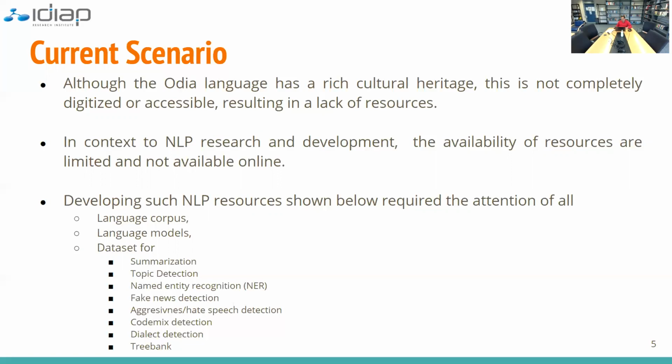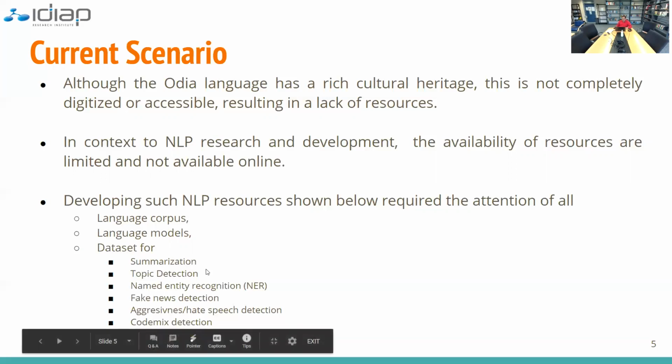Developing NLP research resources requires the attention of all: language corpora, which are needed for machine translation; better language models like BERT or RoBERTa, which have better embeddings for many NLP tasks; or datasets for abstractive text summarization, topic detection, named entity recognition, fake news detection, aggressiveness or hate speech detection, code-mix detection, dialect detection, and treebank. Some of the major NLP tasks I have highlighted here.